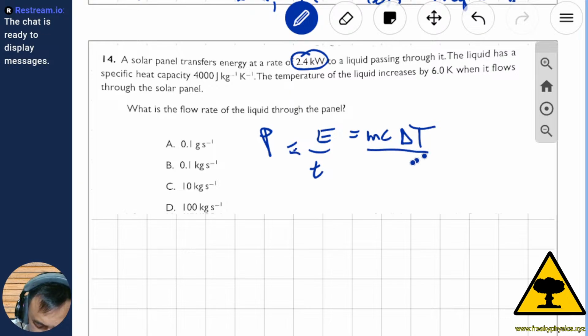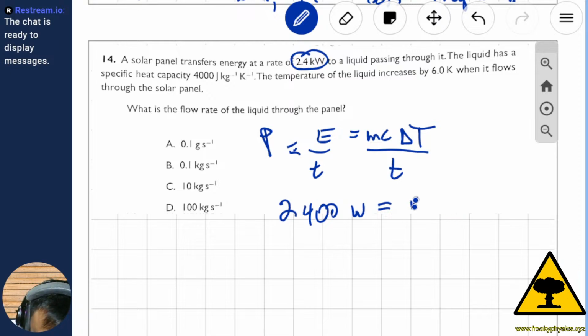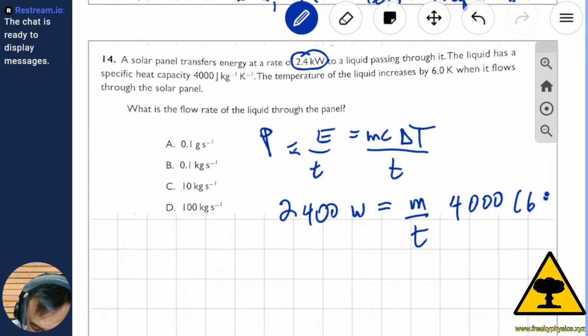We need to divide the whole thing by time. So we're going to put 2,400 watts here, and that's going to be equal to the specific heat capacity, which is given. So we are looking for m over t now, because c is given as 4,000 and your delta t, your temperature increase, is 6 Kelvin.